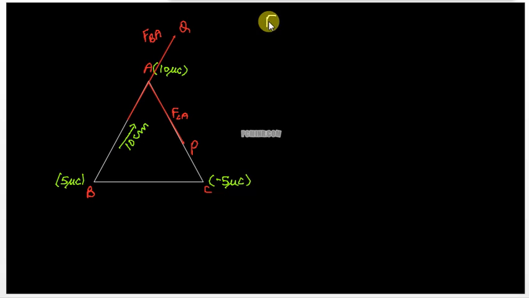So we have FBA is equal to, by Coulomb's law, 1 upon 4 pi epsilon naught, QA, the charge at A, times QB upon AB square.